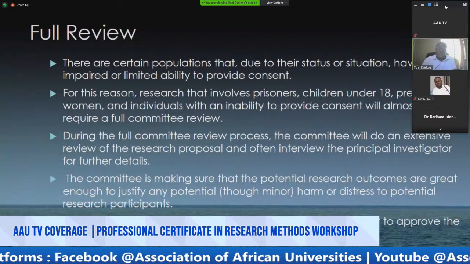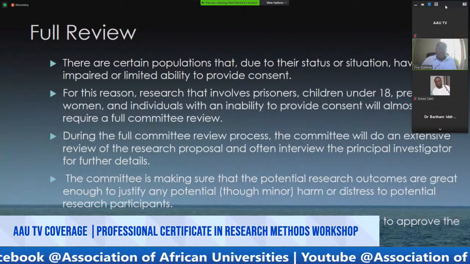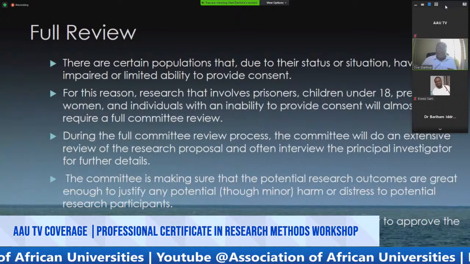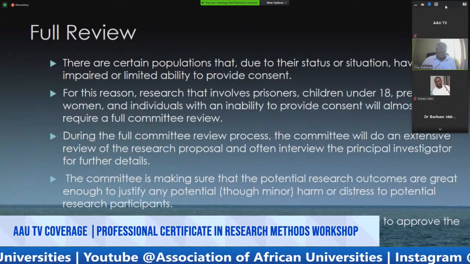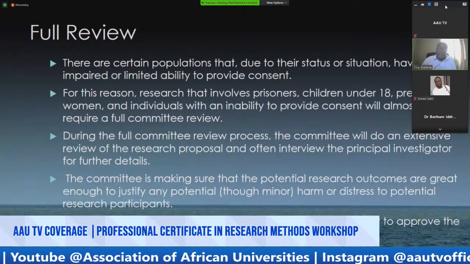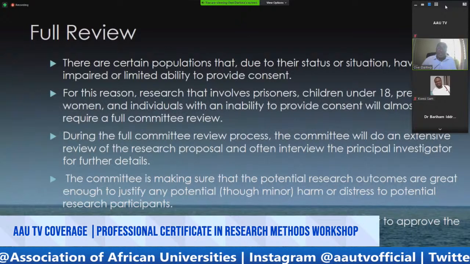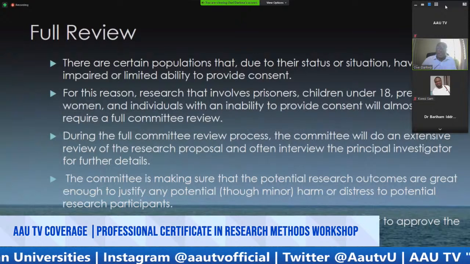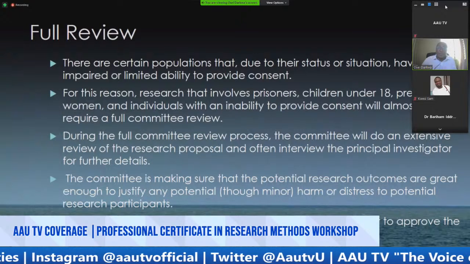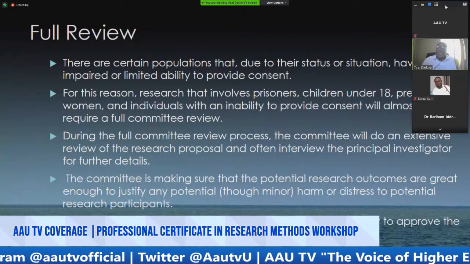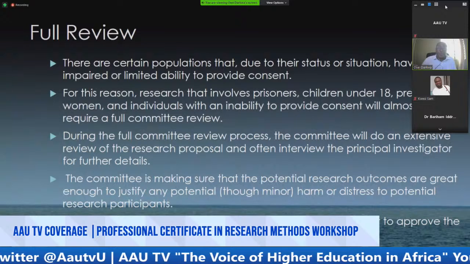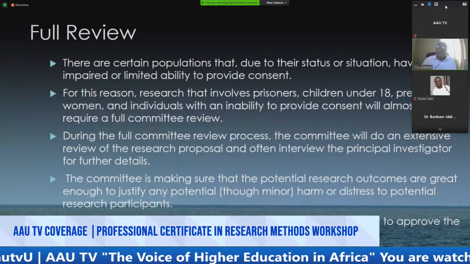So certain populations, because of their status, are impaired and cannot provide informed consent. Populations such as prisoners, children under 18, pregnant women, and individuals with an inability to provide consent will almost always require a full committee review.